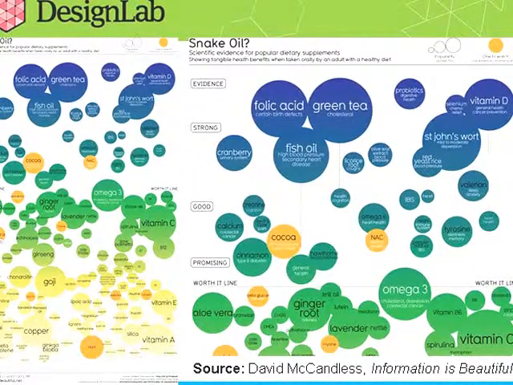This last visualization that we're going to show comes from David McCandless. We mentioned him earlier. He has a book called Information is Beautiful. And here's a really interesting visualization in which he tries to represent the various information around popular dietary supplements. How much media attention they get will determine the size of the bubble, and then where they're placed from top to bottom corresponds to the amount of scientific evidence supporting their positive health effects.